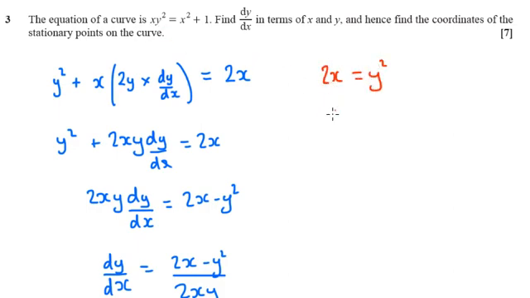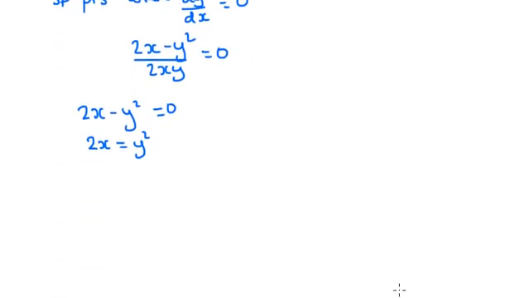So instead of writing xy squared, I'm going to write x times 2x, because at the stationary point y squared is 2x. And then we're going to solve this. So we write that 2x squared equals x squared plus 1.